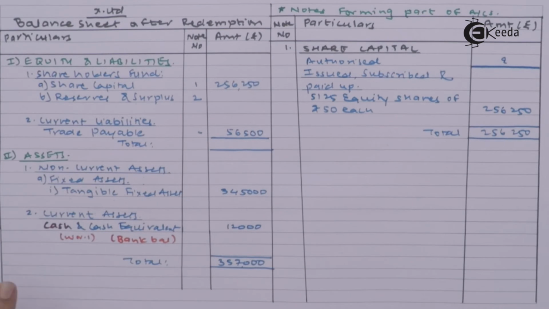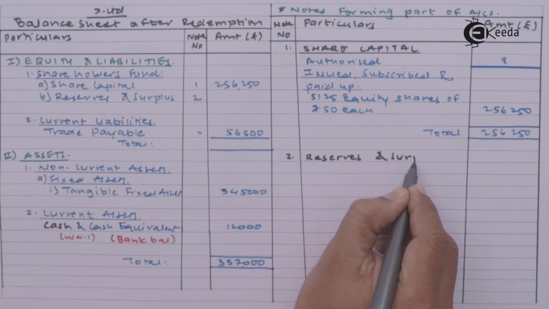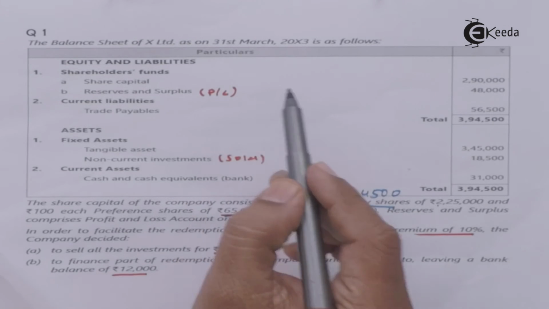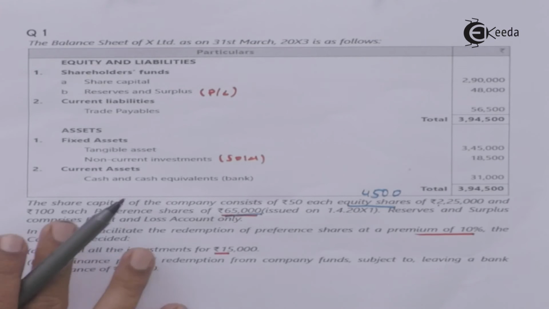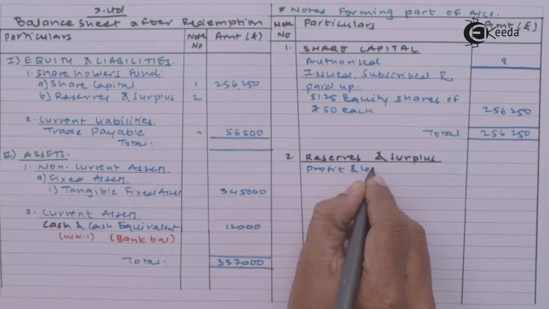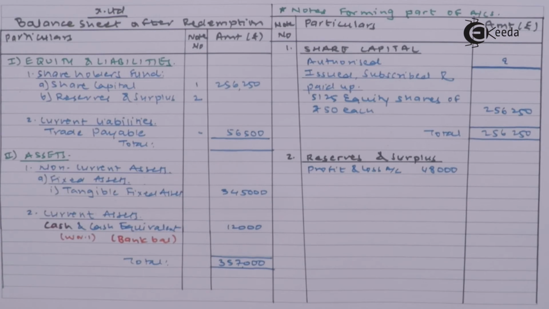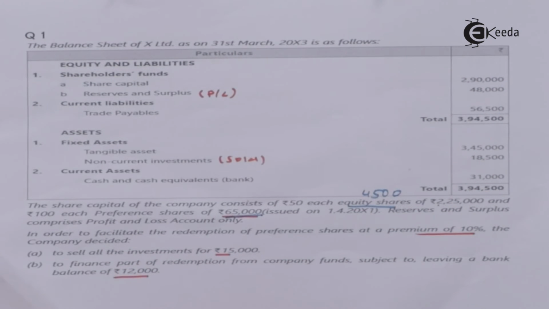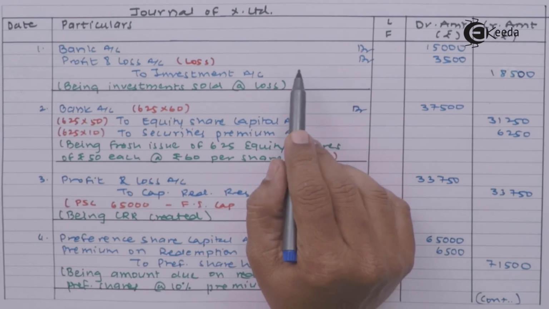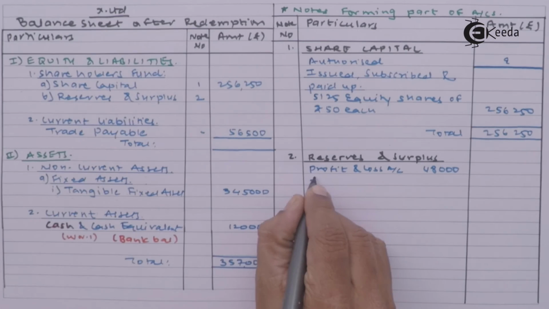Number two will be reserves and surplus. In reserves and surplus, we know earlier we had a P&L account of 48,000, but that has undergone some changes. So we will write that. Initially my P&L account was 48,000 as the question gave me. Now I will look for the entries which affected my P&L account. In my accounting entries, I noticed there was a loss on investment debited to the P&L account, 3,500.